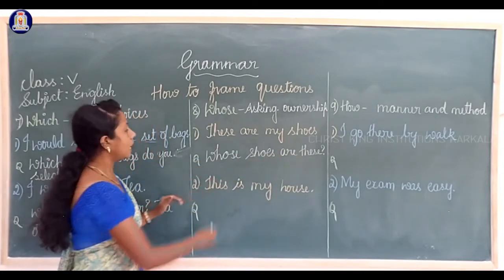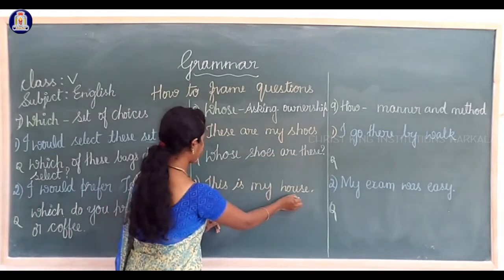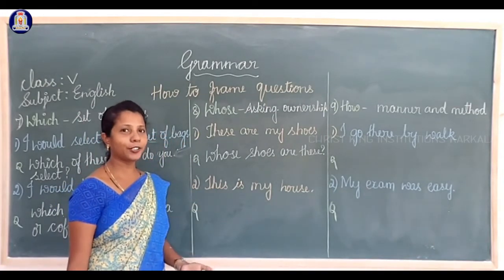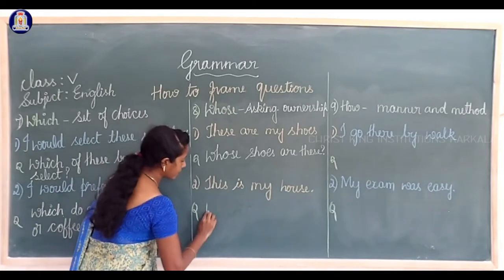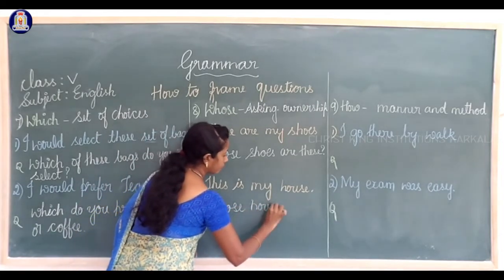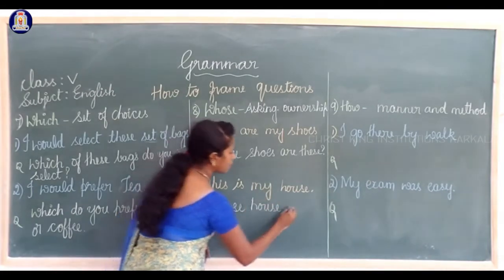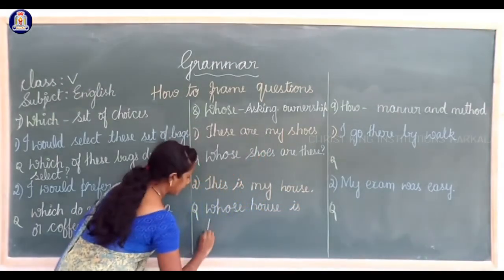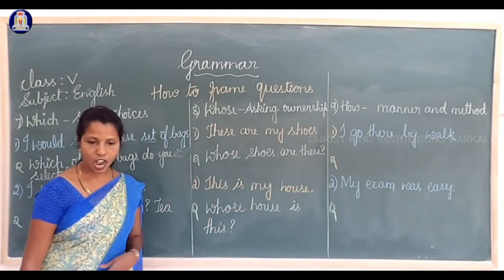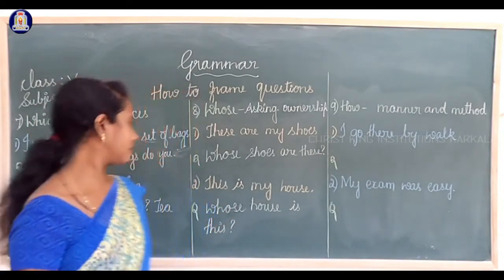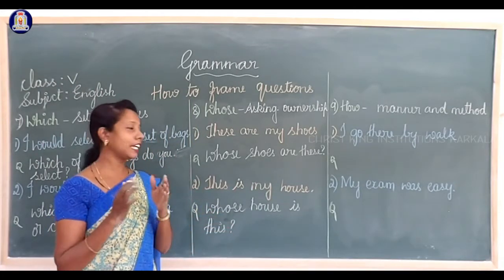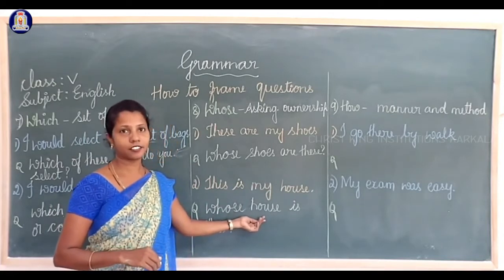The second one: this is my house. How are you going to ask? Whose house is this? Question mark. This is an easy one, right? But many of us make a mistake here.